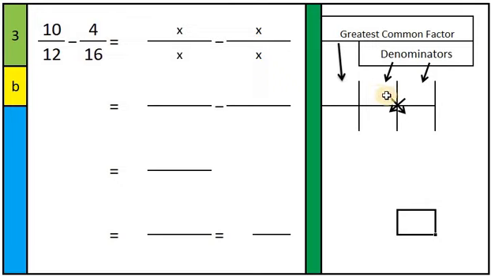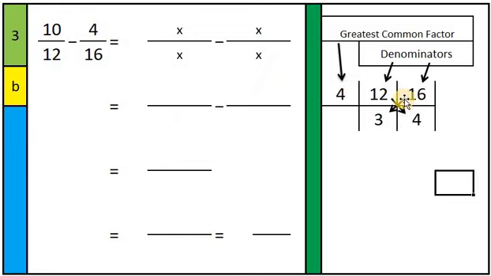So we list down the denominators 12 and 16, and we find the common factor between 12 and 16. I believe it's 4, so fill in the 4 here. 12 divided by 4, the result is 3, and 16 divided by 4, the result is 4. And as you can see, we have the cross and the arrowheads over here.